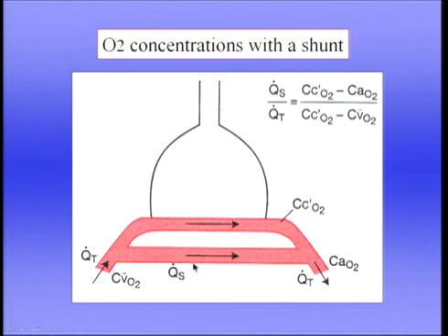Now the shunted blood, indicated by QS, of course contains the same oxygen concentration as the mixed venous blood.